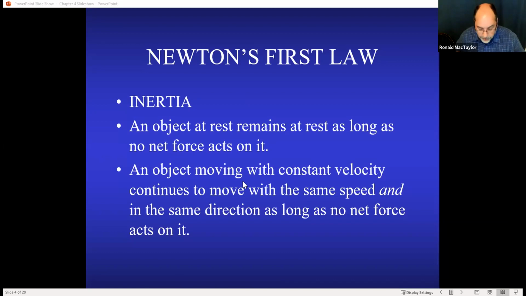So if you've heard of Newton's laws ever in your educational career, you have perhaps heard this idea: an object at rest tends to remain at rest, an object in motion tends to remain in motion. That's a simplification, but that does get the gist of the idea across.